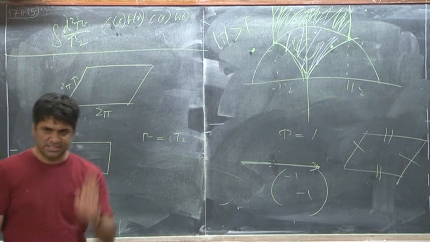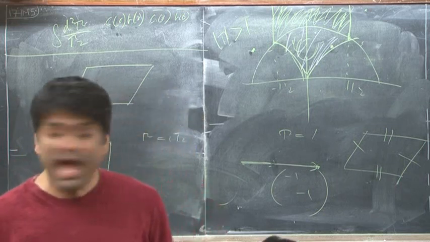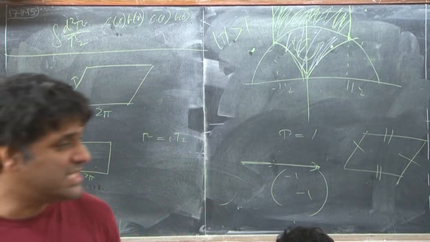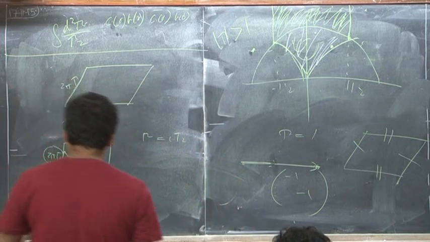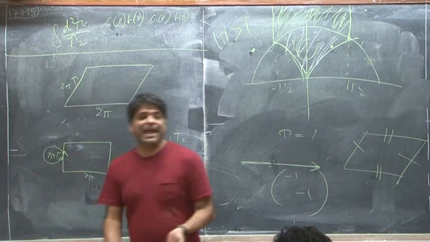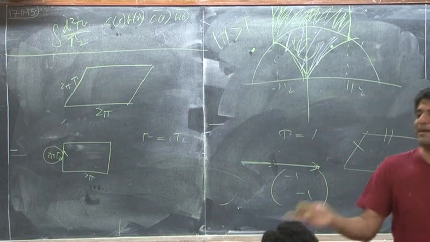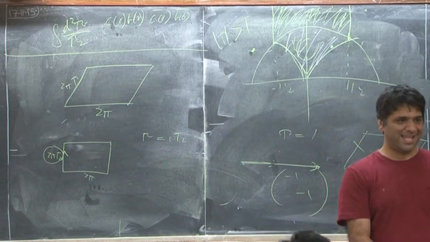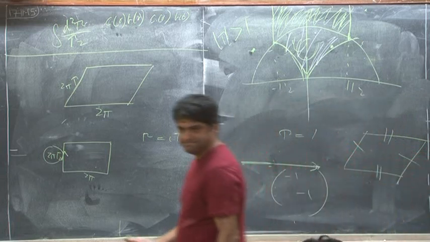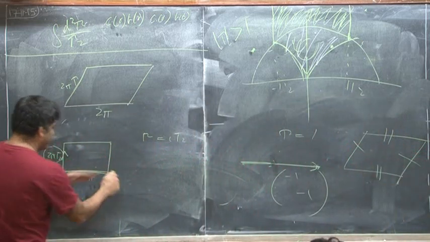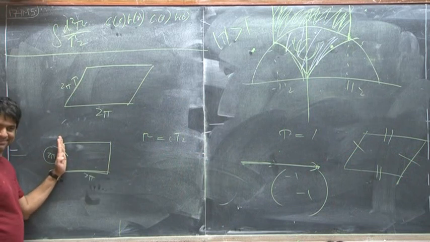That's the length of this side. Now I want to evaluate this partition function by finding an equivalent Hamiltonian expression for it. But all of you know how to do this. We can think of this as space, and this as Euclidean time.